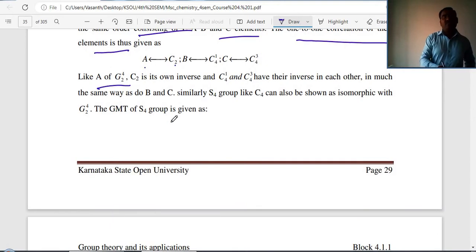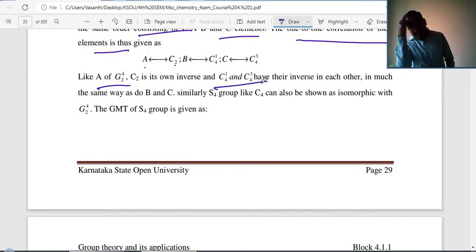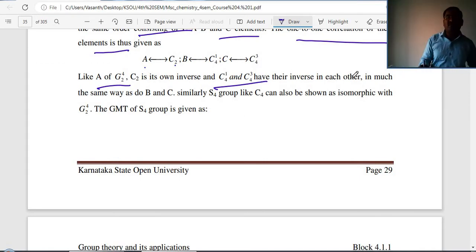Like A of Z4, C2 is its own inverse. C4 and C4 3 are the inverses of each other, in the same way as B and C.